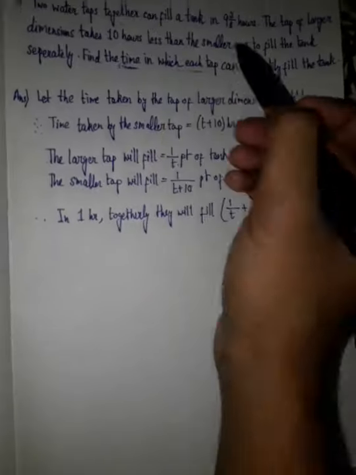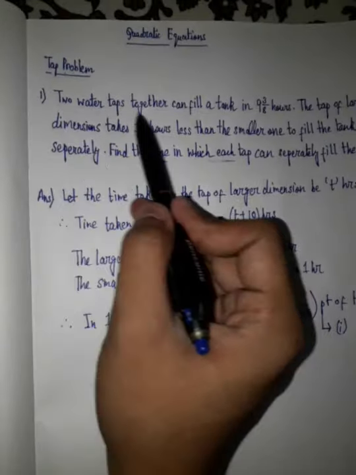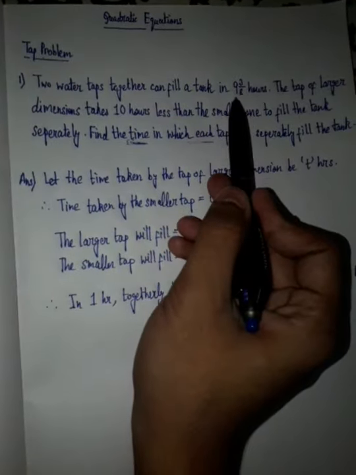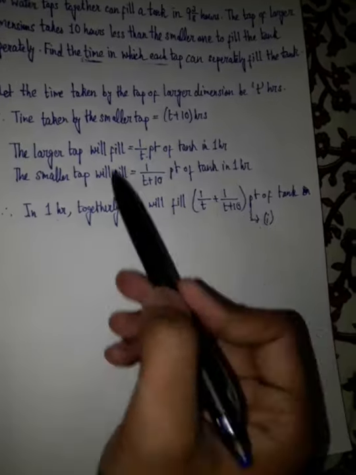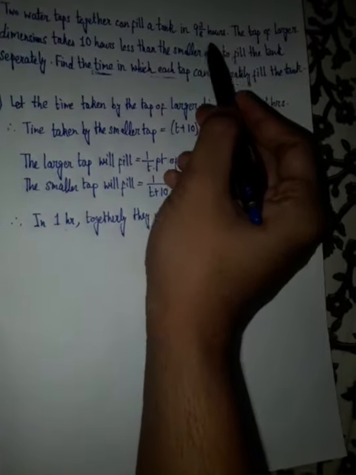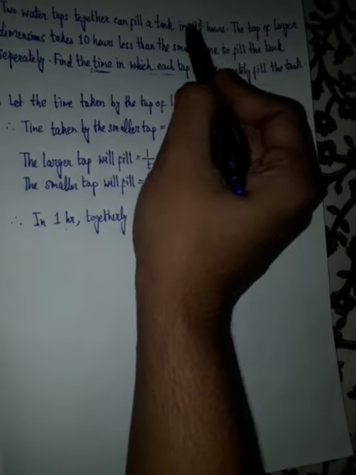So we were given another part, that is two water taps together can fill a tank in 9 3/8 hours. So we just found out that in 1 hour this much. So in 1 hour how much they will be filling we can find from here also.